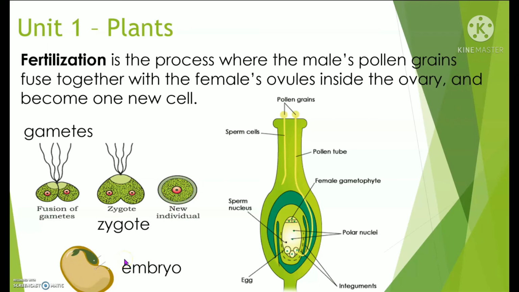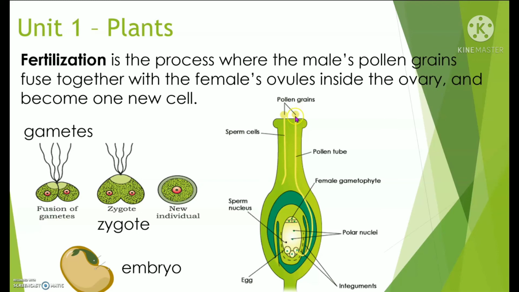Okay, how does that happen? Let's see the female reproductive part of a plant here. So the pollen grains are already on the stigma, right? The pollen grains need to reach the ovary or the female gamete.